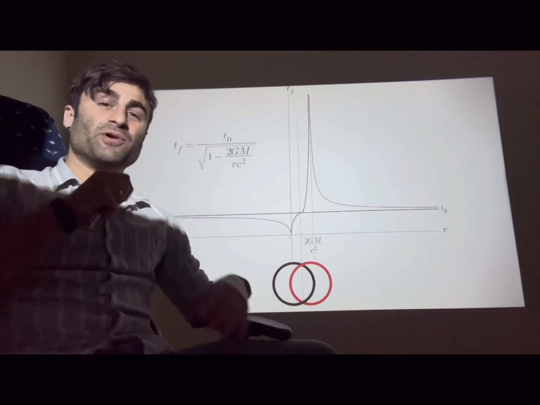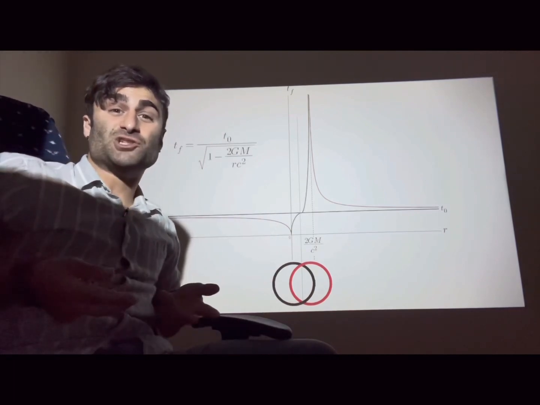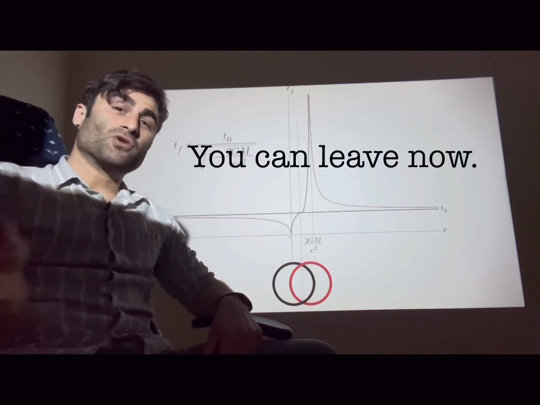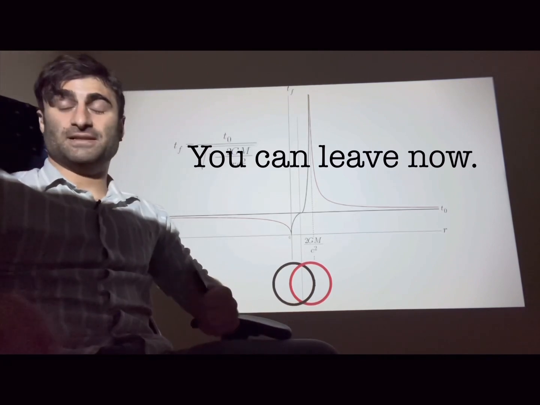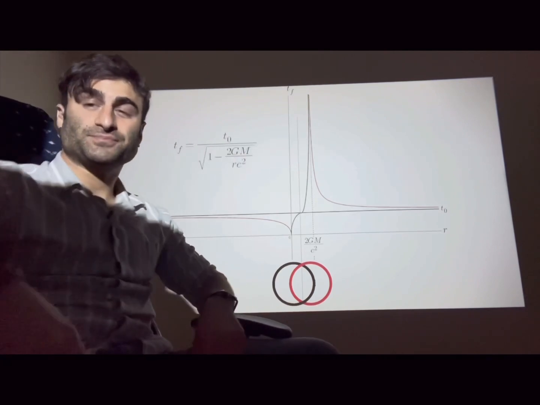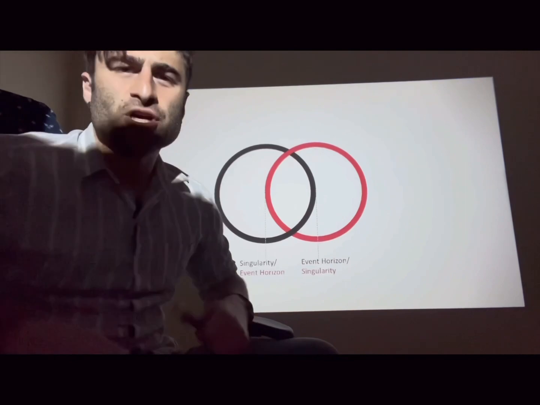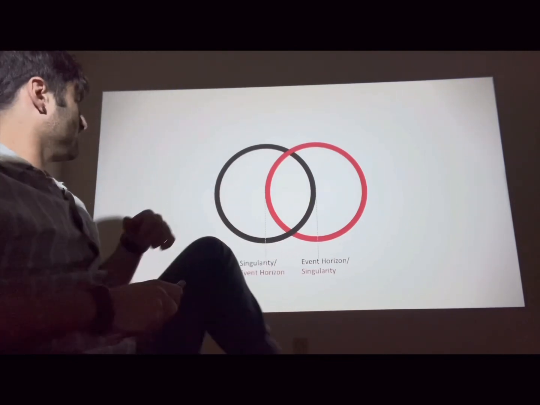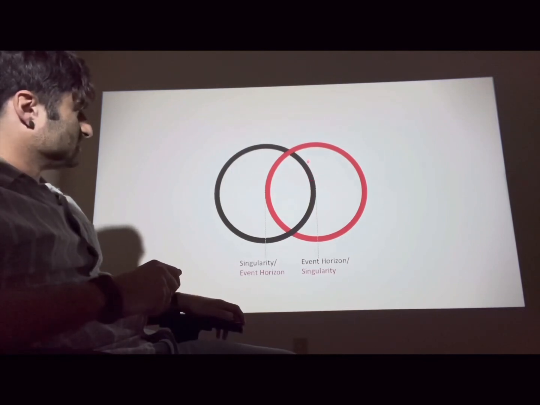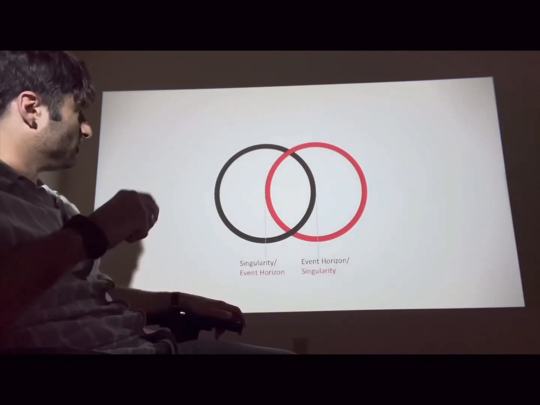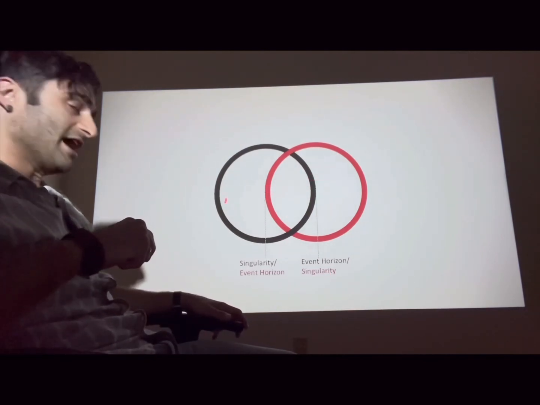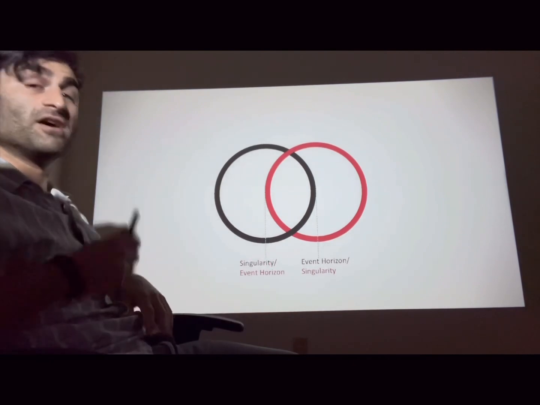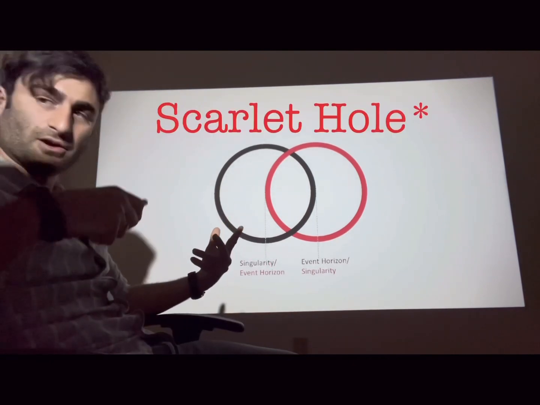Now, if you're someone with a casual interest in cosmology, go grab yourself a cup of coffee. So why are we getting this point of infinite curvature? Once again, we got the event horizon / singularity of the scarlet hole, and the singularity of the black hole / event horizon of the black hole.